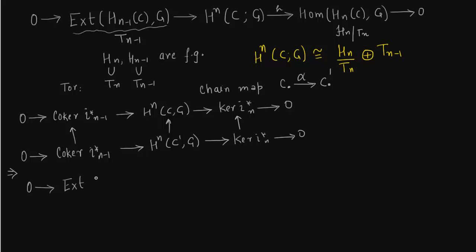So immediately this above implies the following. This we have seen multiple times. Again the exact sequence which I am drawing right now is associated with chain complex C, and the bottom one would be associated with chain complex C prime.